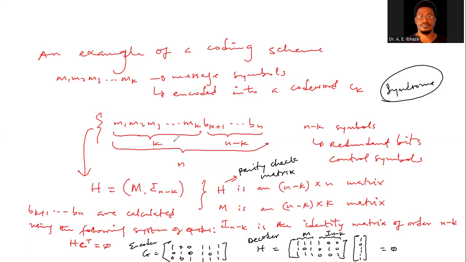Once that code word is received, it can be checked against the parity check matrix. Once we multiply it by this, if that code word truly exists in this finite field, it will be equal to 0. But if it does not exist in the finite field, it will give a value other than 0.